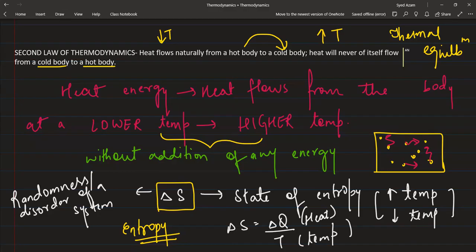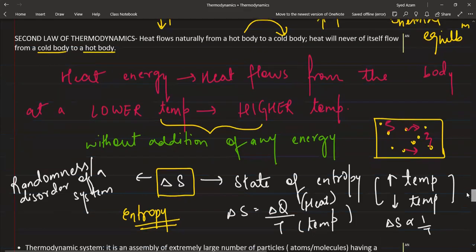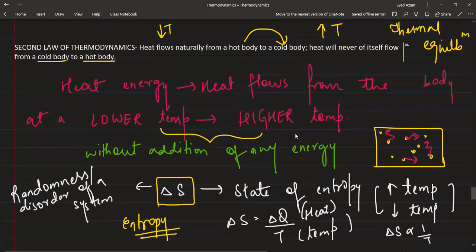And you decrease the temperature, entropy will increase, because entropy is inversely proportional to temperature. So this is the second law of thermodynamics, that heat will flow from a hot body to a cold body and make the cold body also warm. Fine, did you understand? It's a very simple one. Yes, ma'am. Write this also.